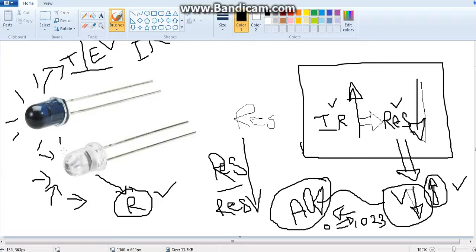Do you understand how we can use a sensor with our coding? See how it works. We are emitting an IR ray, we are receiving an IR ray, resistance is changing, voltage is changing, then the analog input is changing. Then we can use the code to do something depending on the behavior of this sensor.